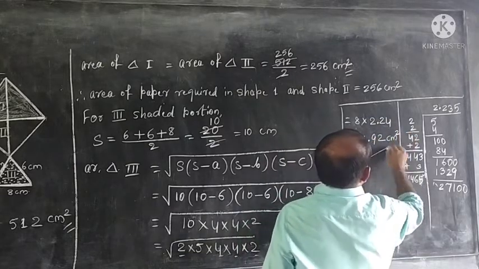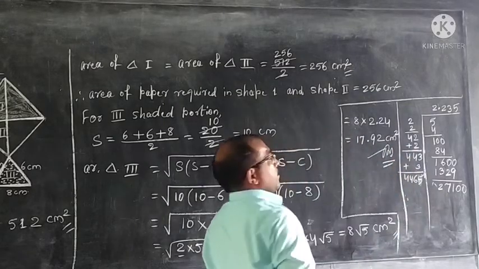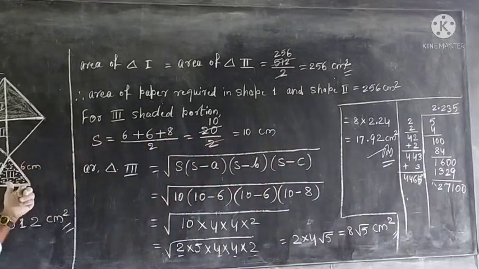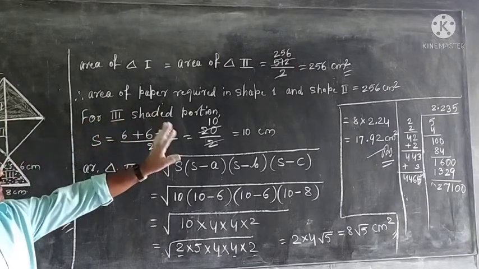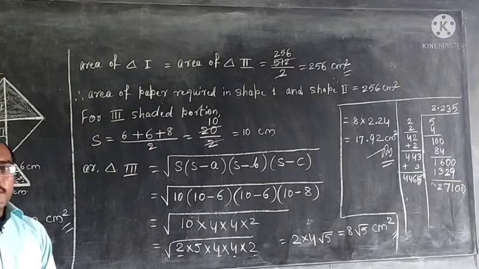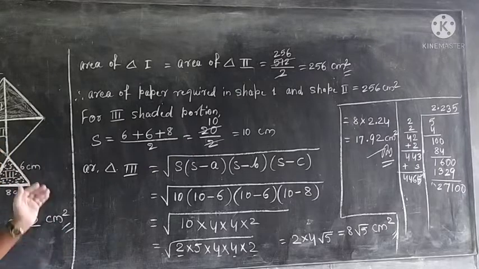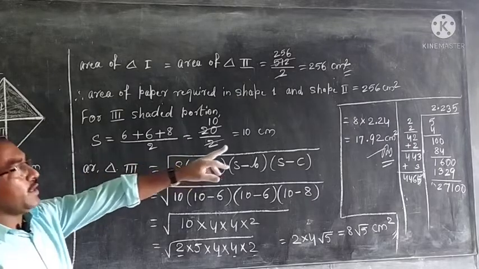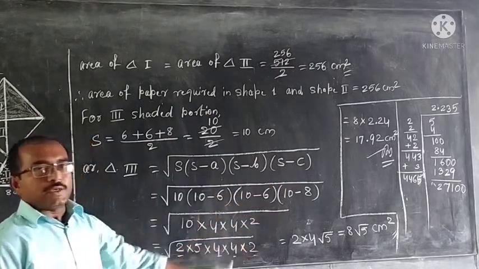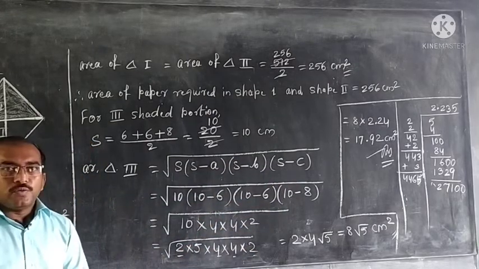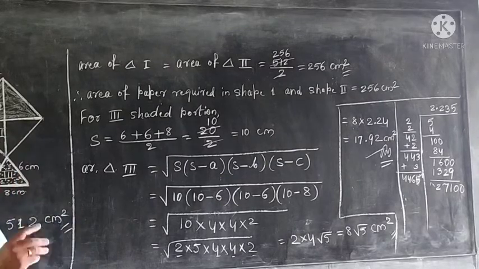So, this is the area of paper required for the third shaded portion, and for second and first shaded portion 256 each will be required. The solution is easy, a little long, and the important part is to get the square root of 5 and then we get the exact area of the paper used.